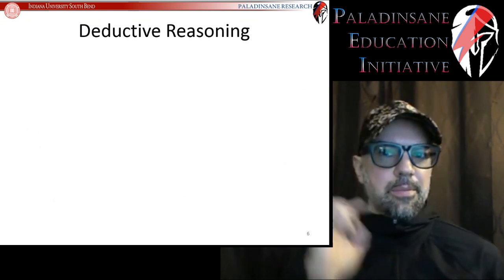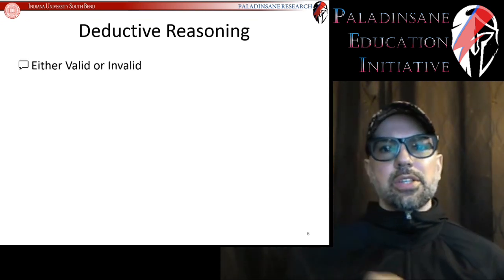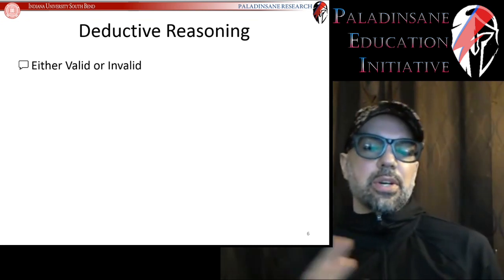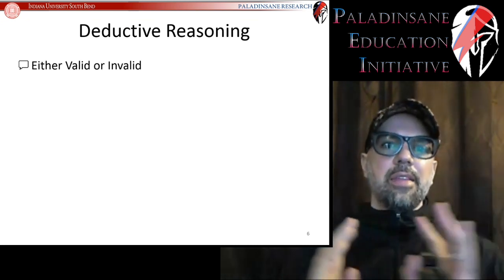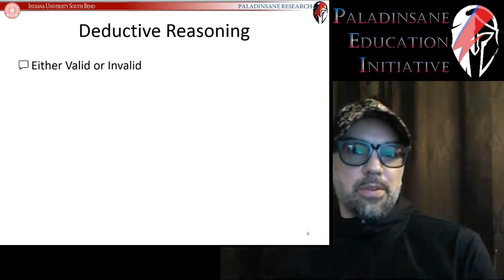So deductive reasoning can be classified as either valid or invalid. So these are two categories of deductive reasoning. As we're going to see, the valid category, that's normative reasoning. And then the valid and invalid categories could be descriptive reasoning.